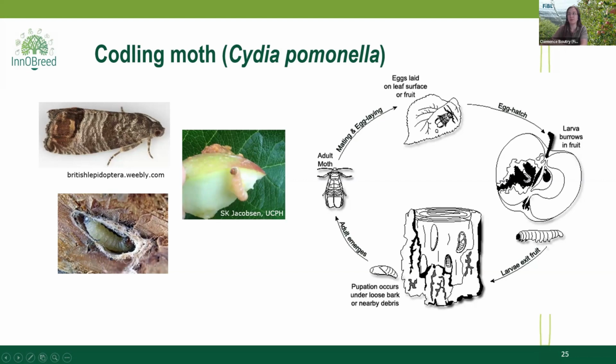It's the fruit damage. The pupae can overwinter under the bark or in nearby debris, or could also overwinter in bamboo sticks that you use to hold your trees, or wooden pallets that you use for harvesting, or all these kinds of things.